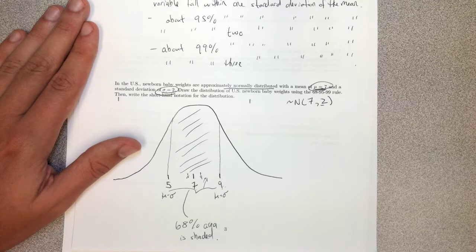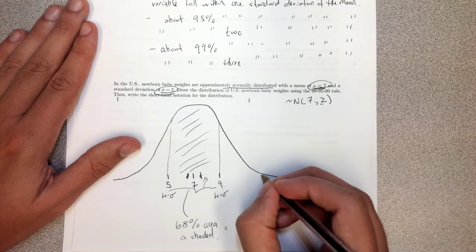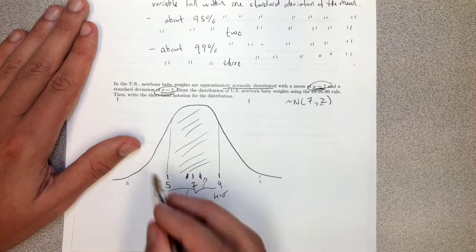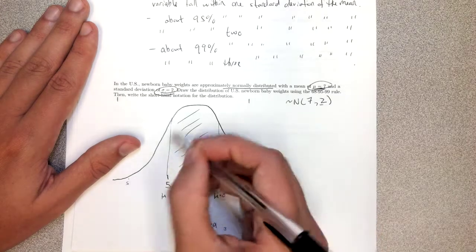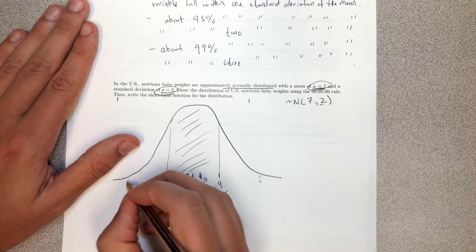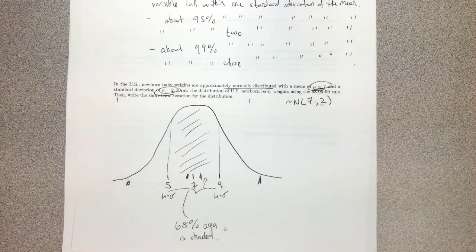That's way less. So that's bad. Similarly, if I did like the first tick mark way out here, then the shaded area would be way more than 68% of the area under the curve. So this is just meant as a rough guide to kind of help us get an approximate distribution.